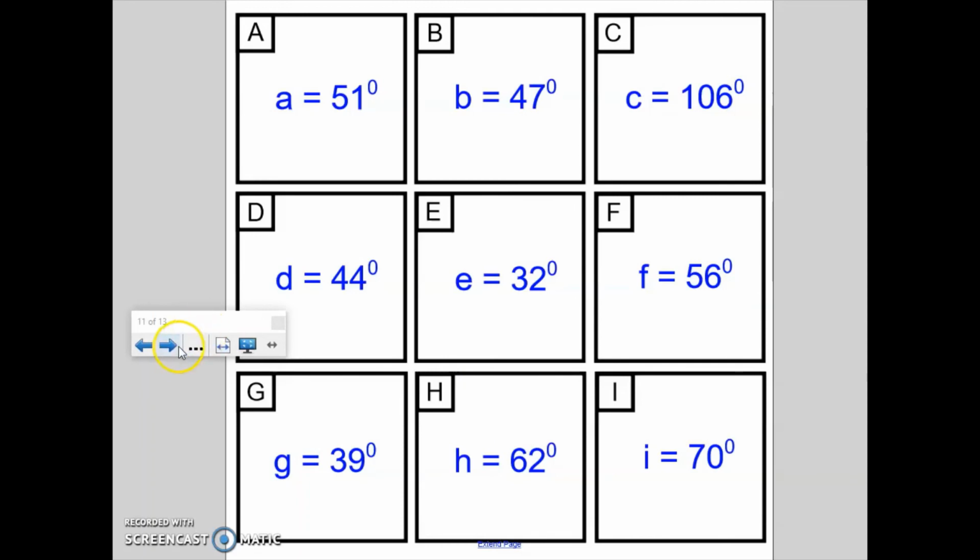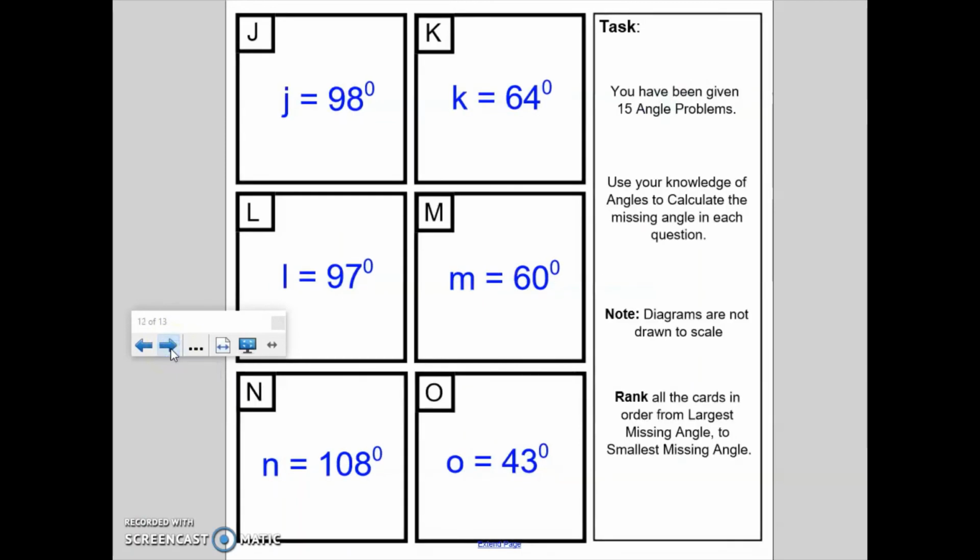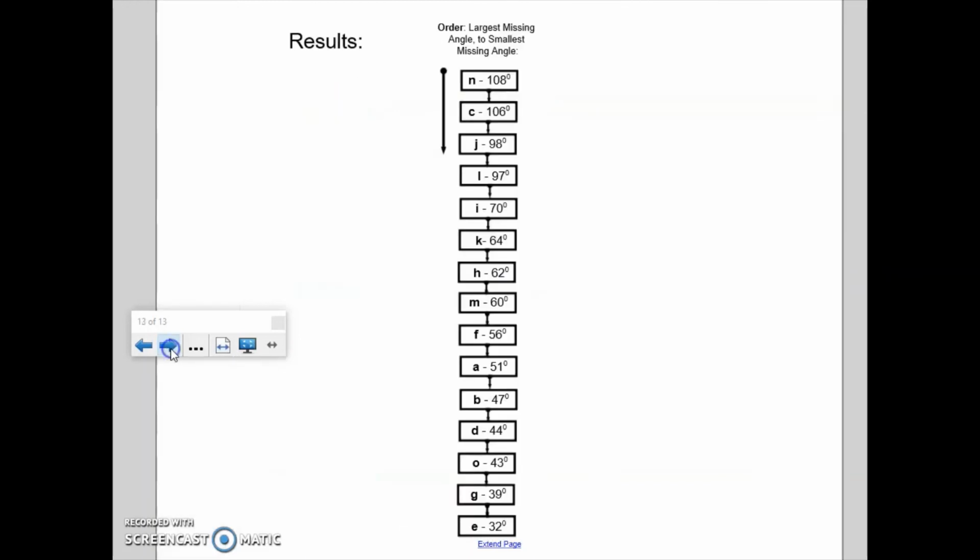Again, you can pause if you need a little bit longer. There are my solutions for the remaining 6 questions. So with all of those 15 solutions, you should be able to put them in descending order from largest to smallest, and you should end up with a solution that looks like this.